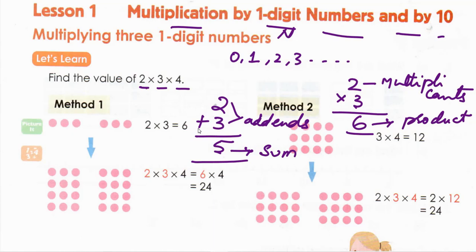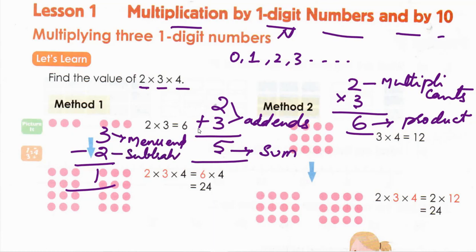Suppose I take subtraction, 3 minus 2, that is 1. This 3 you call the minuend, this you call the subtrahend, and this answer you call the difference. Remember this always.